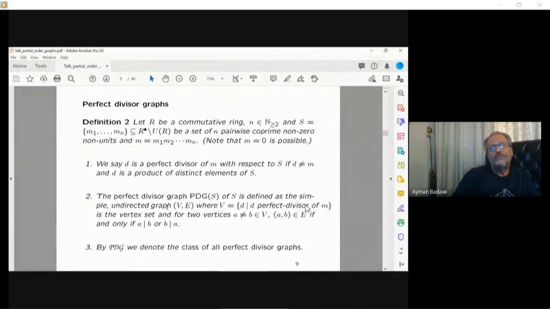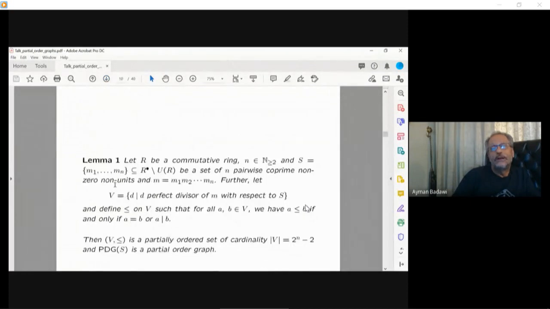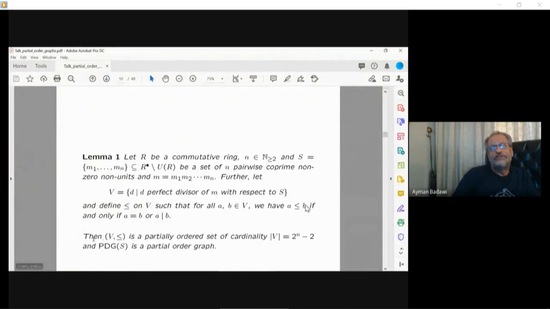Okay, it turns out that this graph is a partial order graph. Why? By defining this relation on the set V, we have A less than or equal to B if and only if A equals B or A is a factor of B. This is how we define the partial order.